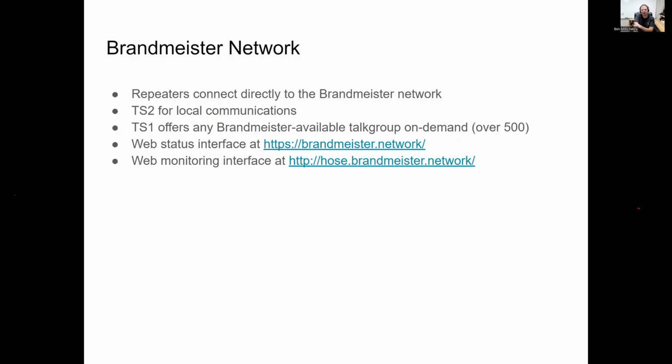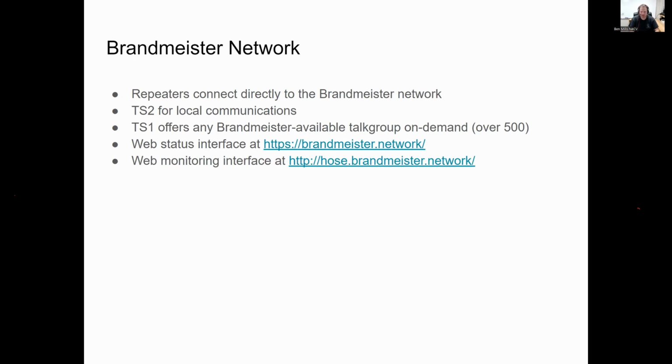But for the most part, of the over 500, probably 1,000 talk groups at this point that exist, any user with their radio can key up and pair that time slot on that repeater to the Brandmeister talk group for that period of time. And then when there's no activity for a certain period of time, or after a 15-minute or whatever timer passes, that connection's torn down and the repeater is available for anything else, or to reactivate that connection.